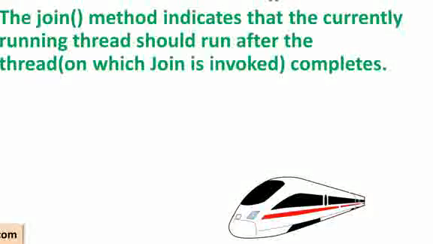That means when the currently executing thread is T1 and it finds that a T2 dot join statement is in its path, then immediately we are telling T1 to wait until T2 is finished.